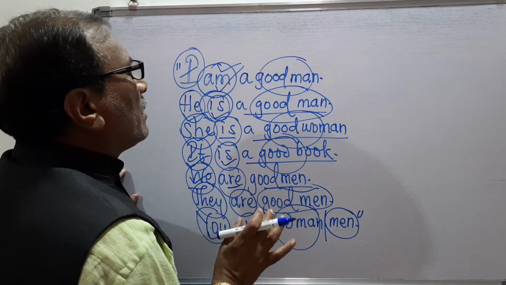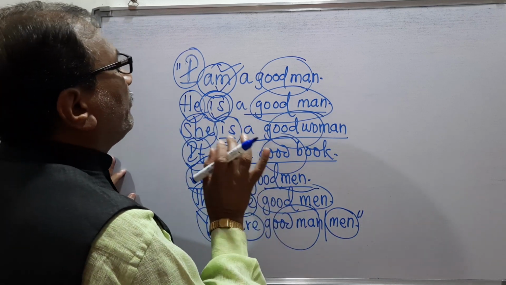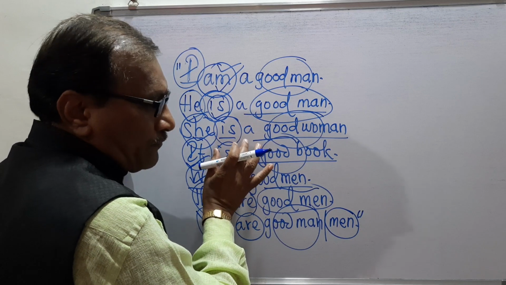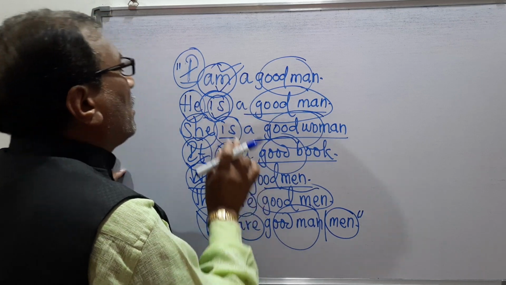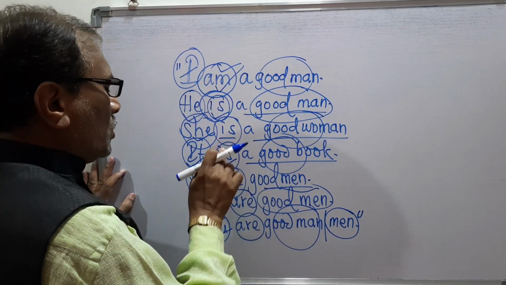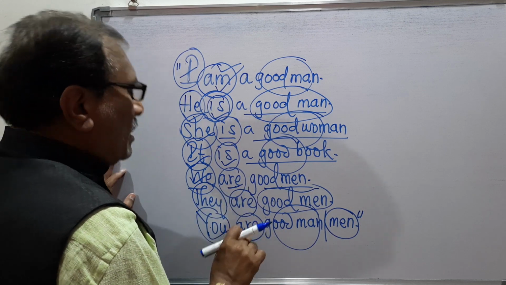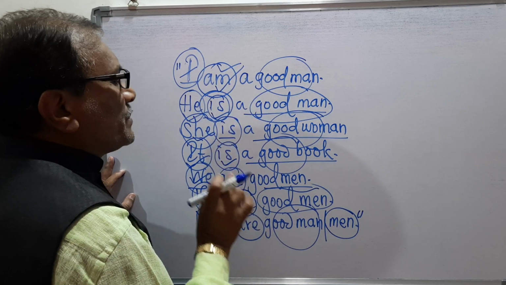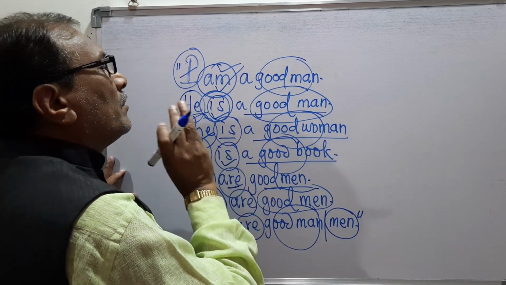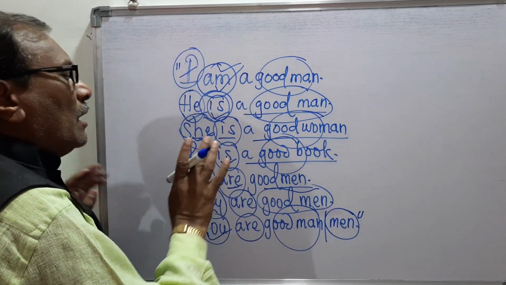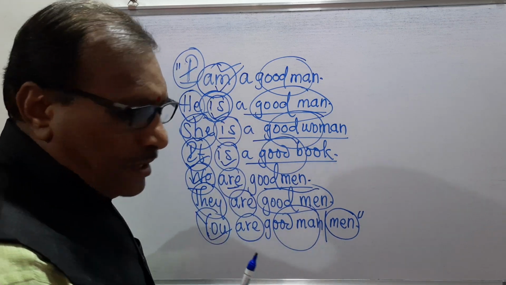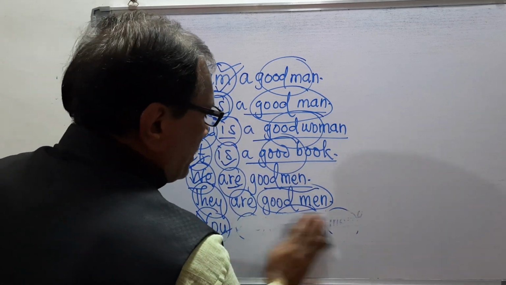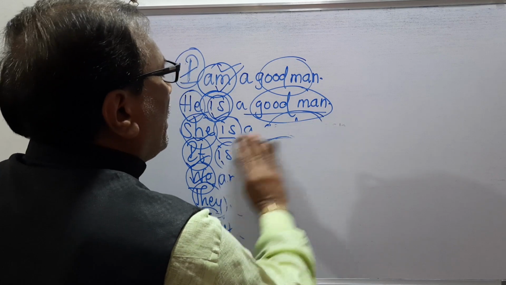So remember, my point is that if the subject is singular, then these verbs also come as singular, and if the subject is plural, then these verbs come as plural. So this is the main thing of writing and speaking English.